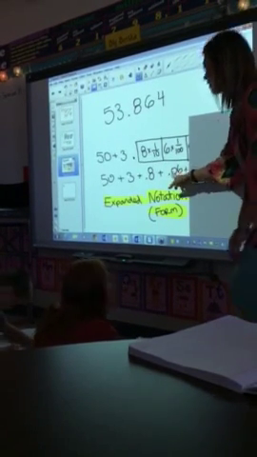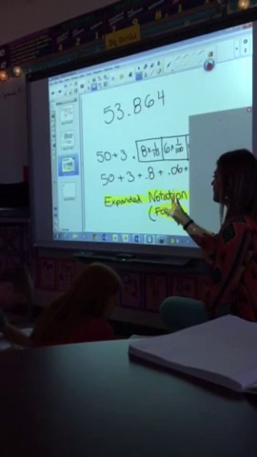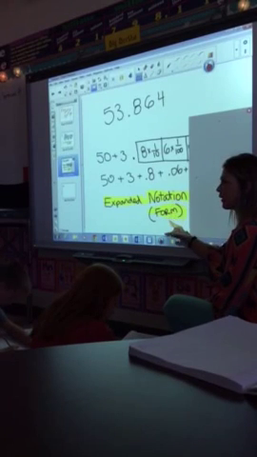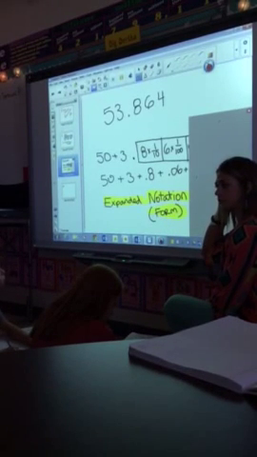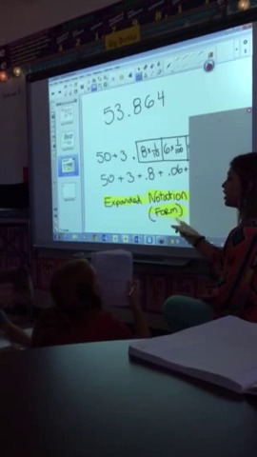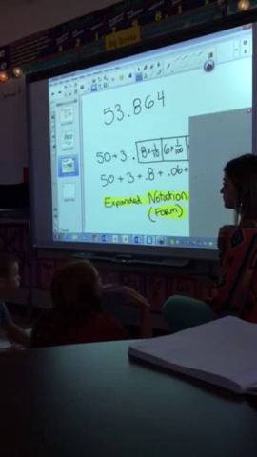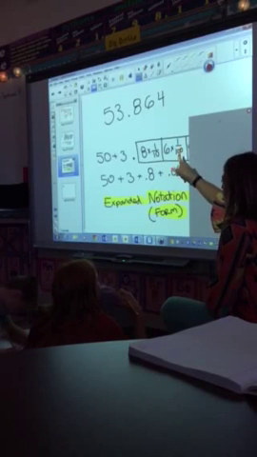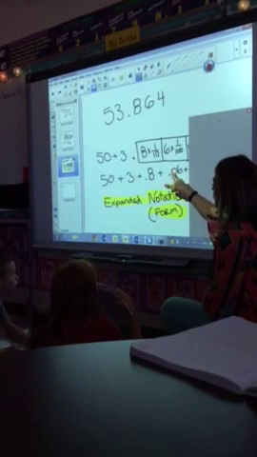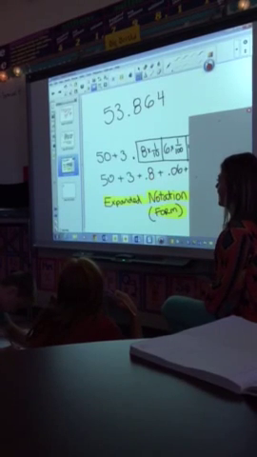And this is how it looks in expanded form or expanded notation. Notation is just another word for form. You might see it being used either way. That's why I want you to know both. 6 times 1/100th would give me 0.06. I'm not going to include what's in the tenths place because I already have that over here.